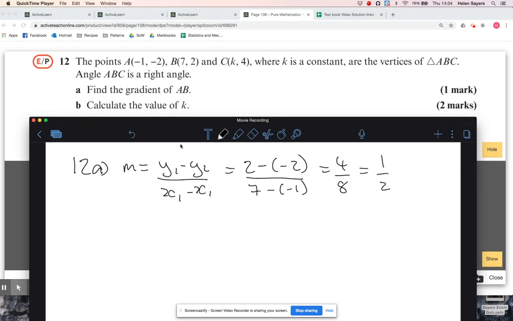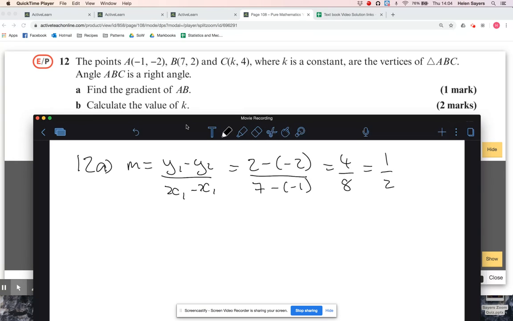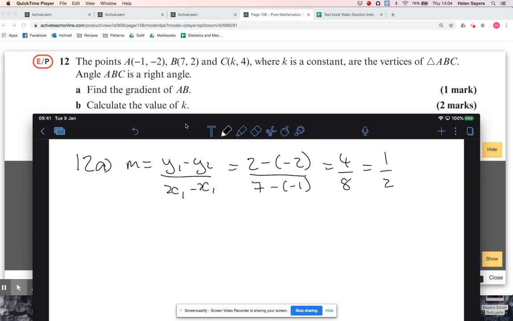Okay, so nice start. Calculate the value of K, and ABC is a right angle. So I think we're going to need to use that for this bit. I'm not even going to draw it to scale at this stage, I'm just going to get the theory there.